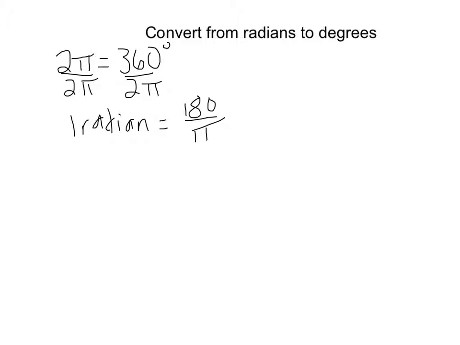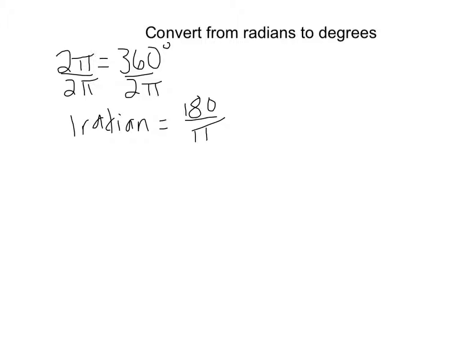Now again, remember, even though this has a pi in it, it doesn't necessarily mean that it's a radian value. 180 divided by pi is actually about 57 degrees. So 1 radian is equivalent to about 57 degrees. But to make an exact answer, because we don't want to round, we want to keep things in terms of pi, as exact as we can possibly be, 180 over pi is what we use to convert from radians to degrees.